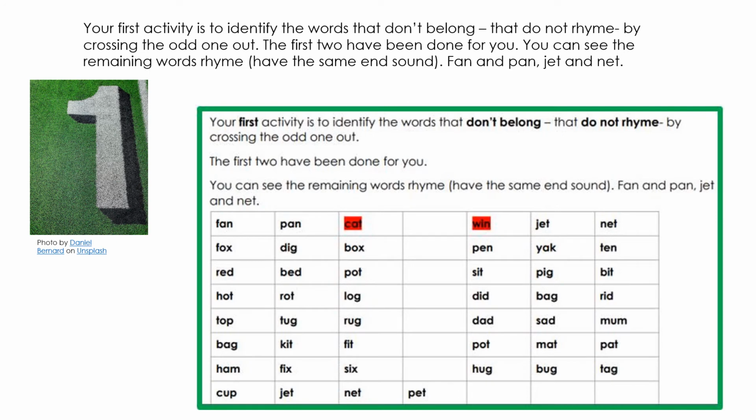Your first activity is to identify the words that don't belong. I've given you sets of words, and you have to work out which one does not rhyme. Your job is just to cross the odd one out. I've given you an example in the Google Slides, and I've just highlighted the word that doesn't belong to leave the rhyming words there.